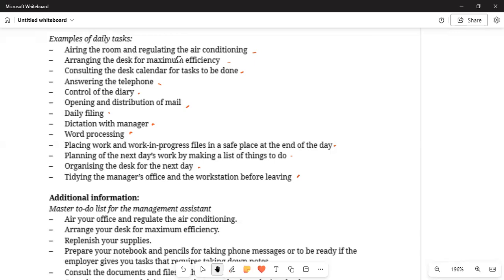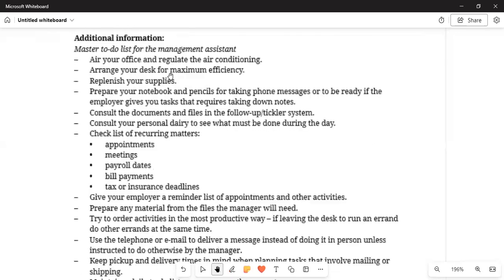And then, moving on again, we see that you have to do air conditioning, arrange quiet, take notes, consult the documents and the files in the follow-up tickler system, and then consult your personal diary to see what you must do during the day, a checklist of recurring matters. And these lists are subdivided again into appointments, meetings, payroll dates, bill payments, tax or insurance deadlines.